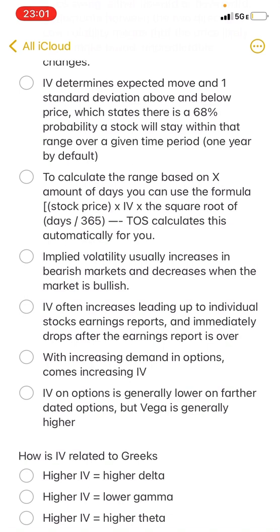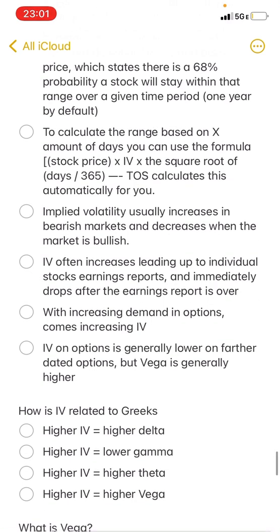Now, you can calculate that based on the days, like what's the range over a month. To calculate the range based on X number of days, you can use the formula: stock price times IV times the square root of the number of days divided by 365.